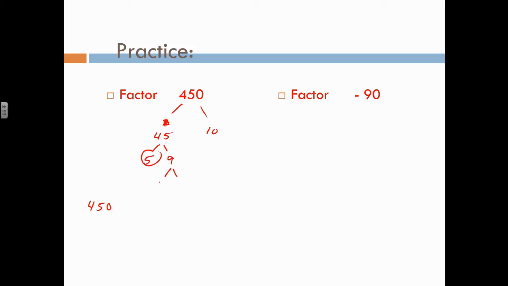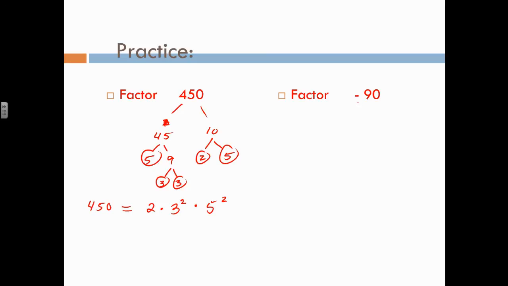Got to keep breaking down 9. It's a 3 and a 3. And 10 is broken down into a 2 times a 5. Circle that 5. So 450 breaks down to 2 times 2 factors of 3, or 3 squared, and 2 factors of 5, or 5 squared. So hopefully you got something like that for 450.